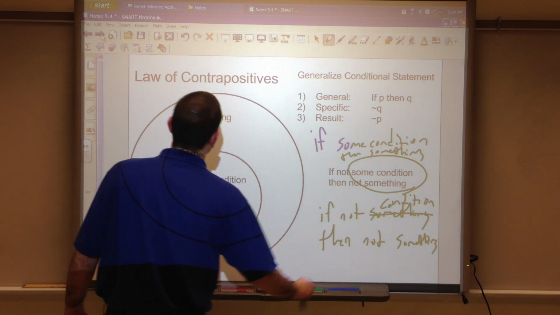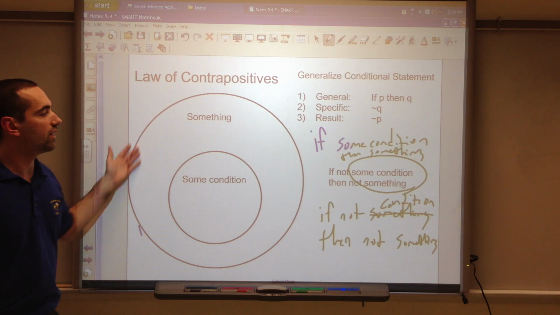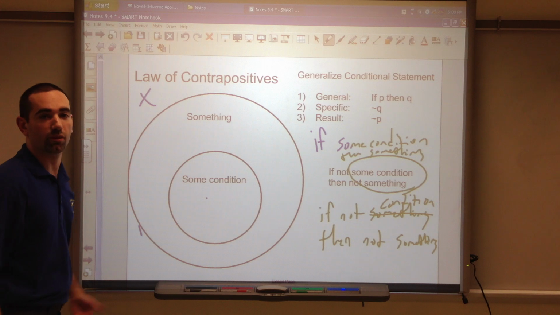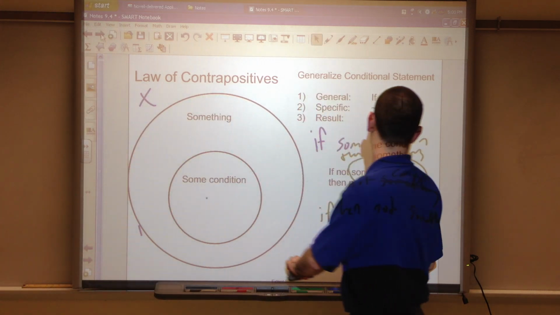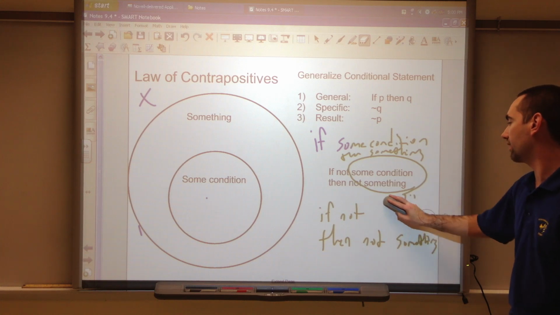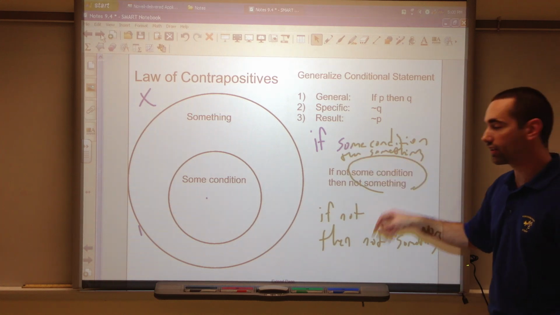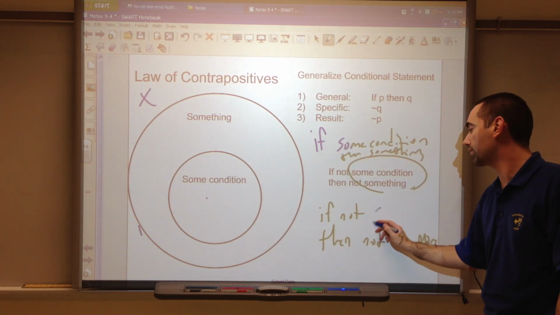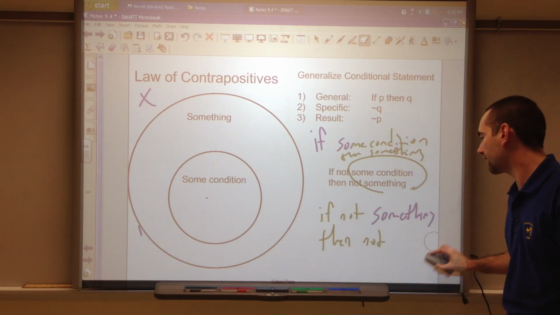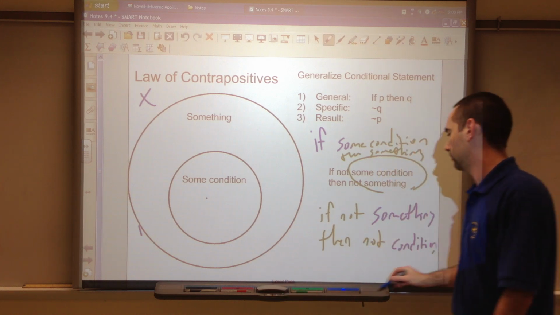Basically, what it's saying is, if I'm not in the something circle, I clearly can't be in the some condition circle. Now, I'm sorry, I'm messing this up here. This was supposed to say the opposite of this. So it should say not something, like I had originally. I messed myself up. Then not condition, because it's the contrapositive. Alright.